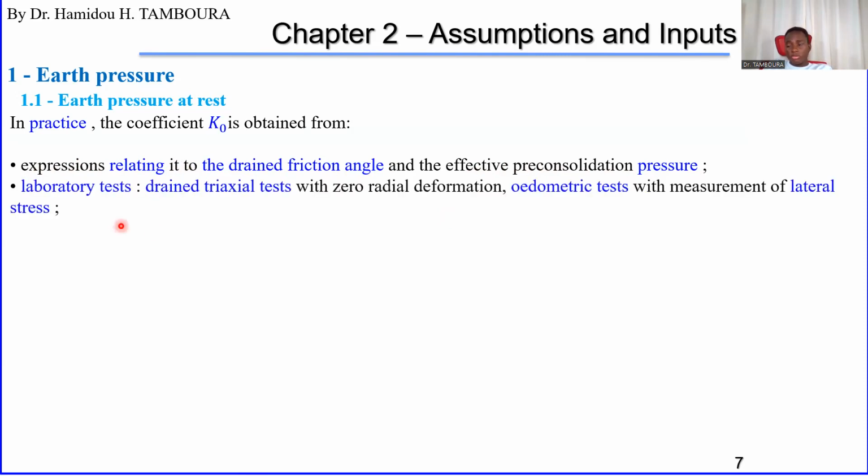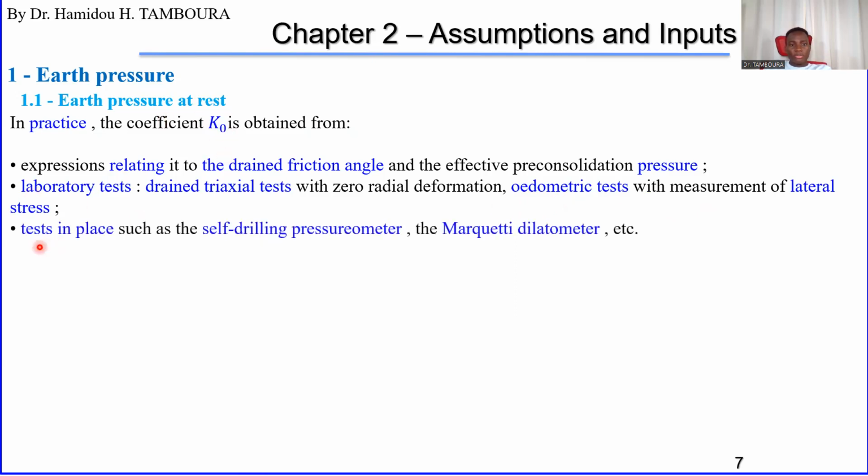And also, using some lab tests, the drained triaxial test with zero radial deformation can also give you K0. Oedometric test, maybe I think you know this one also, can also give you the value of K0.